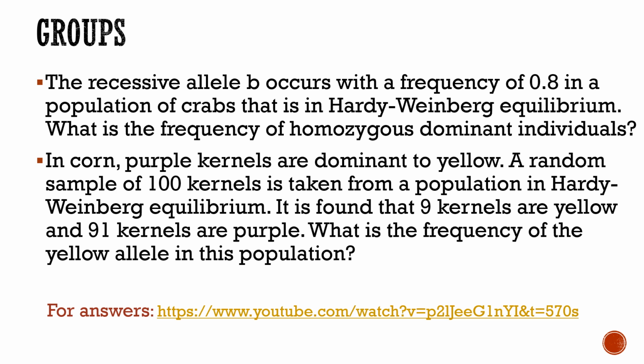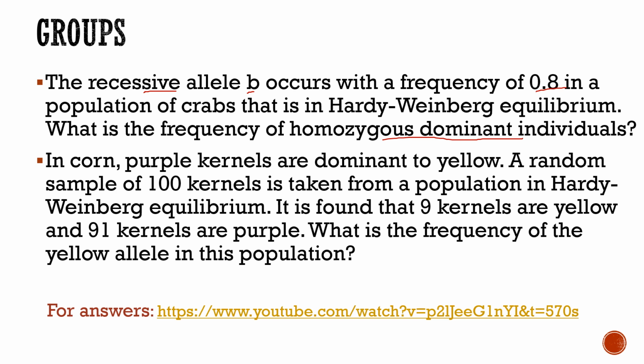It's using both of the equations, knowing P plus Q equals 1. In the first example, you're told that the recessive allele, in this case B, occurs at a frequency of 0.8 in a population of crabs. Then it's asking you to determine the homozygous dominant genotypes.